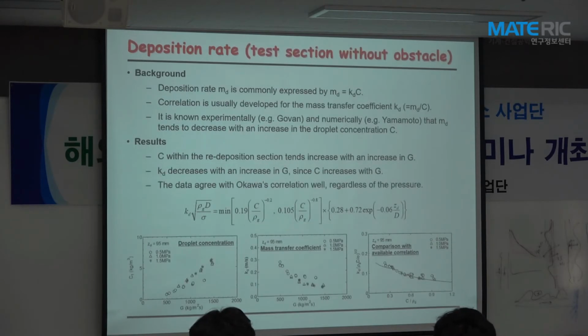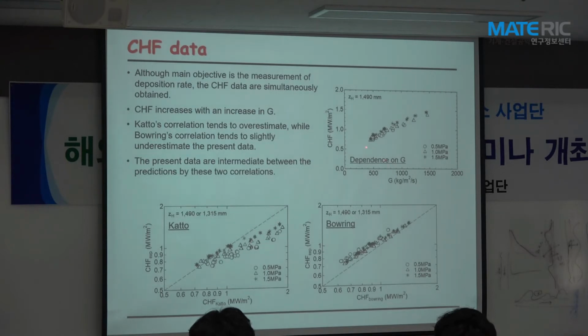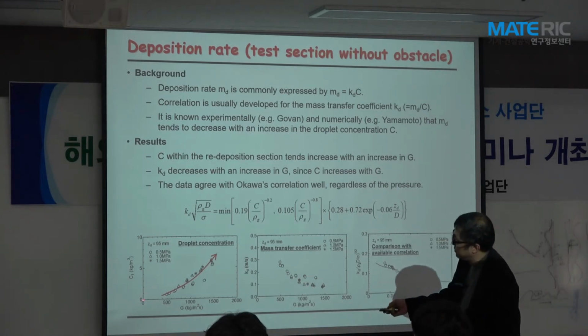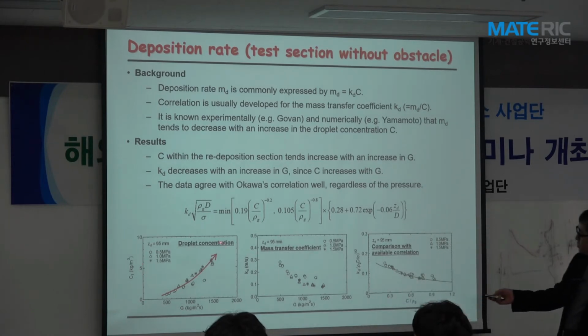First, critical heat flux was measured. Flow rate is increased, critical heat flux increased like this. This is anyway a result of the critical heat flux measurement. It's not very important today. Next, this one is important: deposition rate measurement. As you can see, with an increase in the liquid flow rate, the droplet concentration, and this mass transfer coefficient.